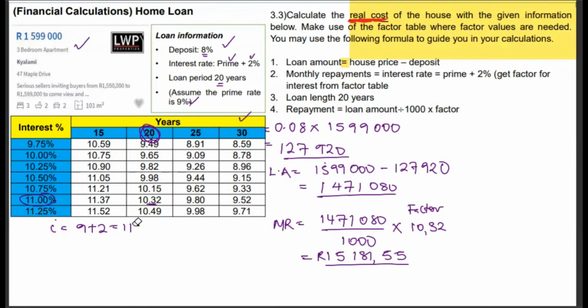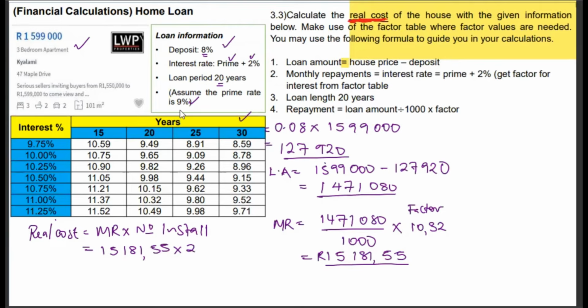So what shall we do? The real cost will equal the monthly repayment times the number of installments. The monthly repayment is 15,181 rands 55 cents times the number of installments. In 20 years, how do we get the number of installments?